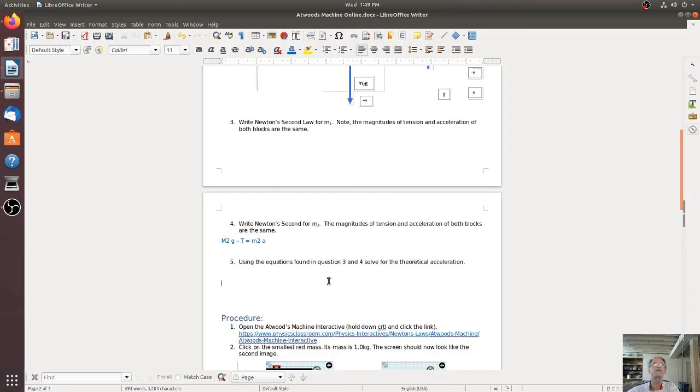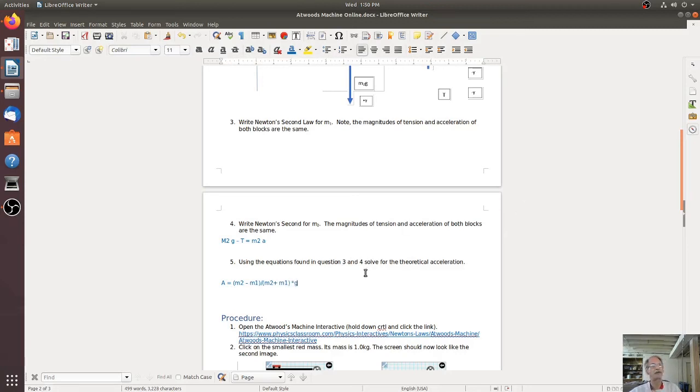So let me get my colored font here. So the acceleration that you're going to get will be (m2 minus m1), if m2 is the heaviest, divided by (m2 plus m1), all times g.